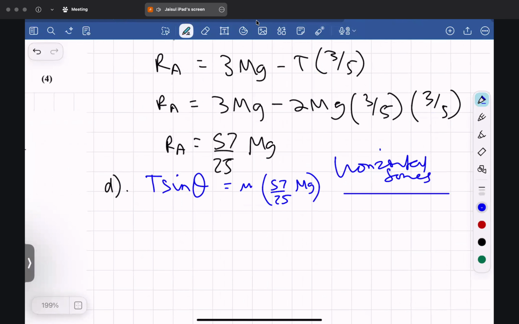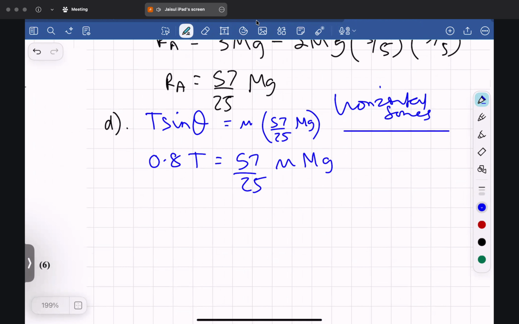So 0.8T equals 57/25 mu mg. Mu is equal to 0.8 times 25 divided by 57. 20/57 T.